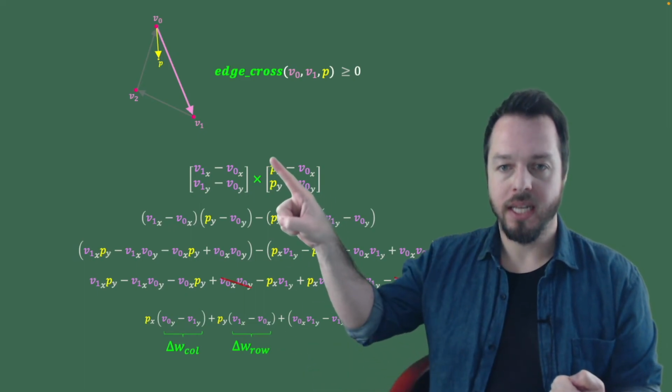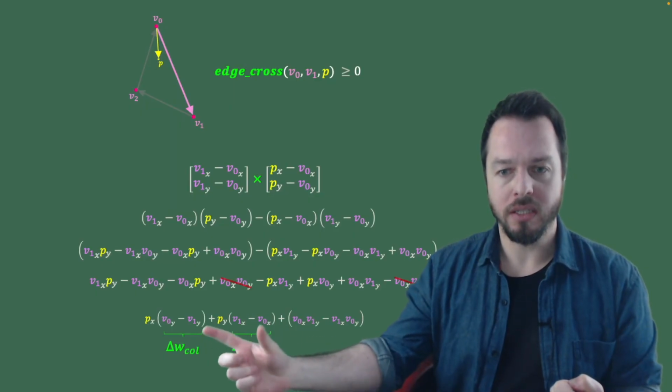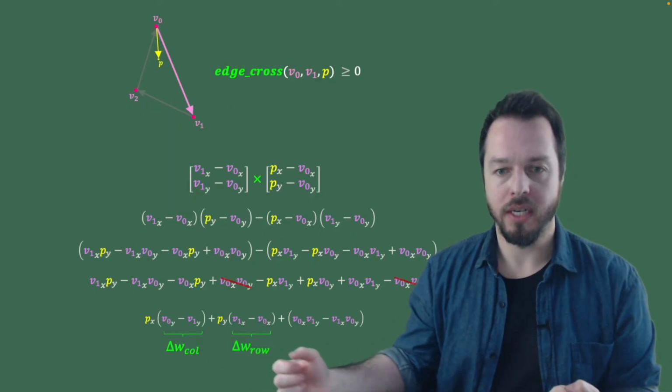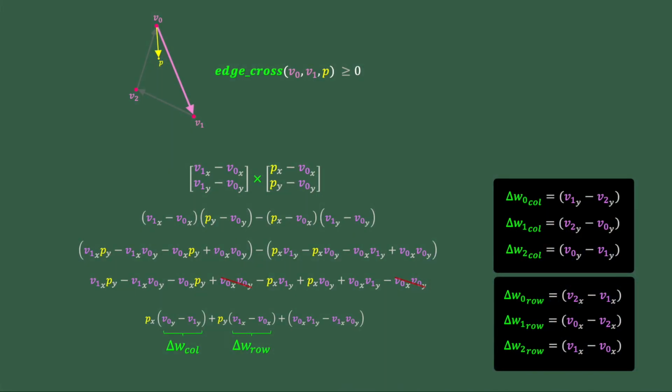But if we want to find the delta w in x and y for a different edge, let's say from v1 to v2, it's going to be the same thing. I just have to go and change the edges, the vertices that I have, right? Instead of v0, v1, it's going to be v1, v2, and then if I want to find delta w column and delta w row for the edge that goes from v2 back to v0, it is going to be exactly the same pattern, but changing the vertices.